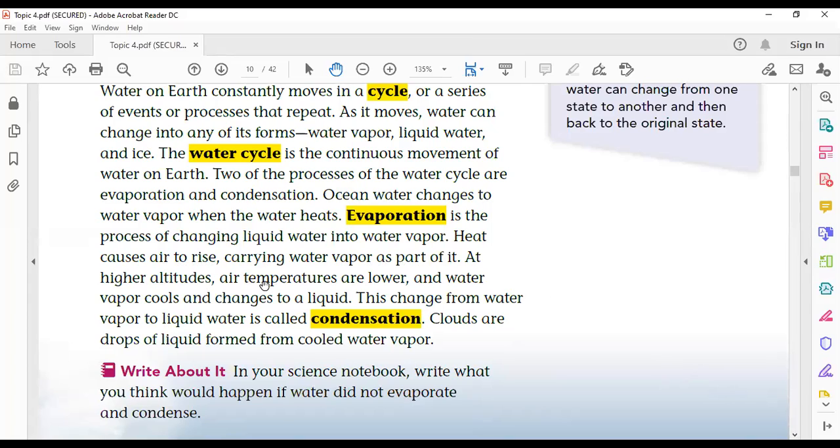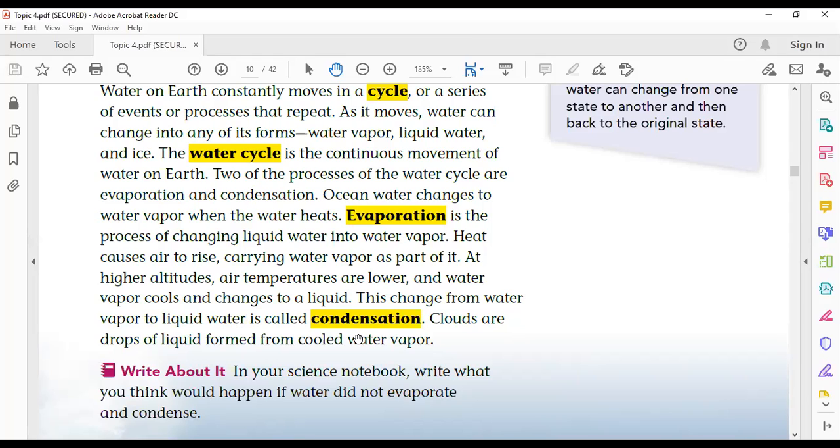The temperature cools. The air temperatures are lower, so water vapor loses energy, cools, and changes to liquid water. This change from water vapor to liquid water is called condensation. So we can say that condensation is the opposite of evaporation.